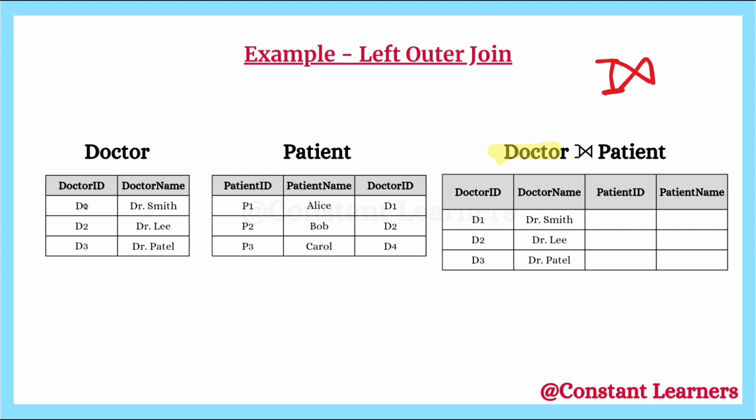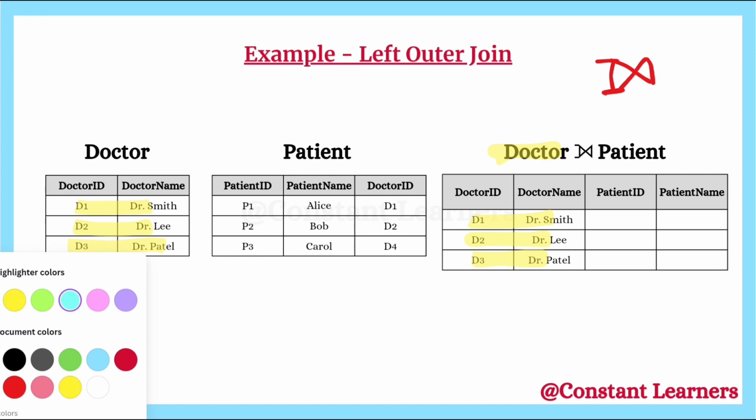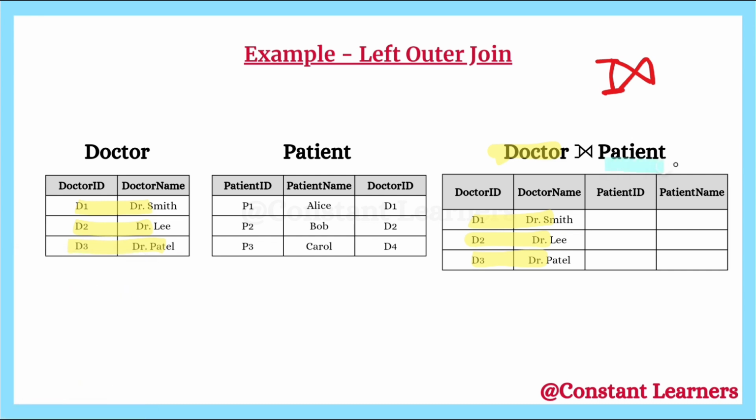Now in the doctor table we have D1 Dr. Smith, we have that in the output. D2 Dr. Lee is present in the output, and D3 Dr. Patel is also present in the output because the entire left table will be present in the output. Now as far as the right table is concerned, in this case the right table is the patient table, right? So from the patient table we are only going to include the matching values.